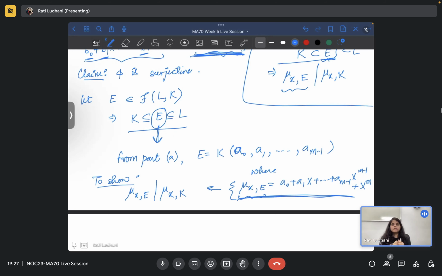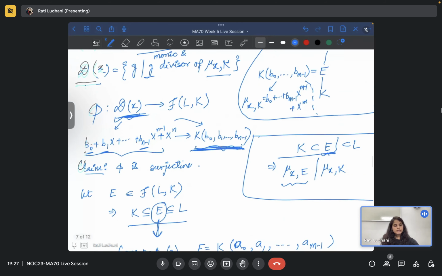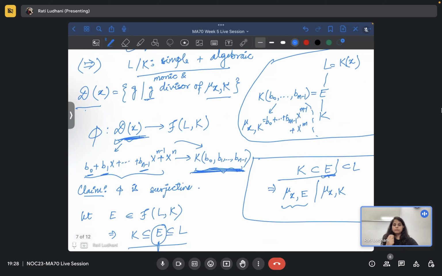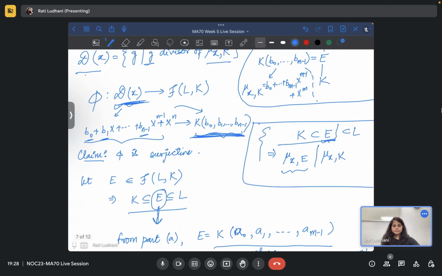You consider a subfield, and from part A we can write E to be equal to exactly this, where these a_i come from the minimal polynomial of x over E. Now, if we want to say that mu_{x,E} is exactly the pre-image in D_x, and D_x is the set of all monic divisors of mu_{x,K}, we have to say that it is a divisor of mu_{x,K}, which we also did here, as I wrote earlier.